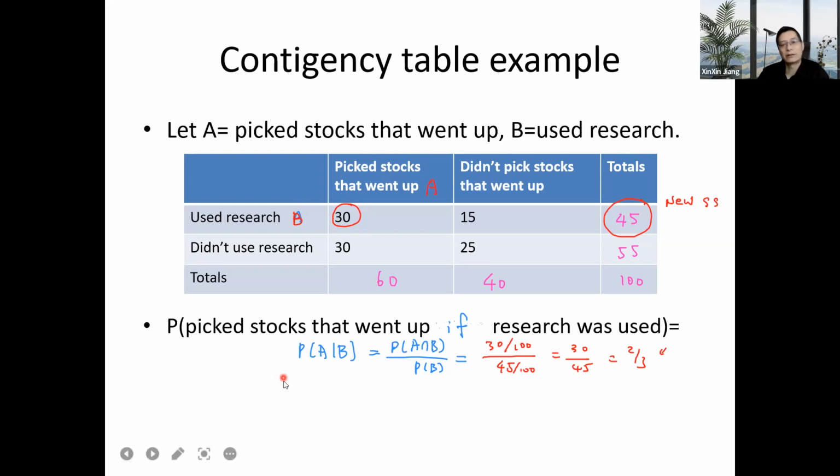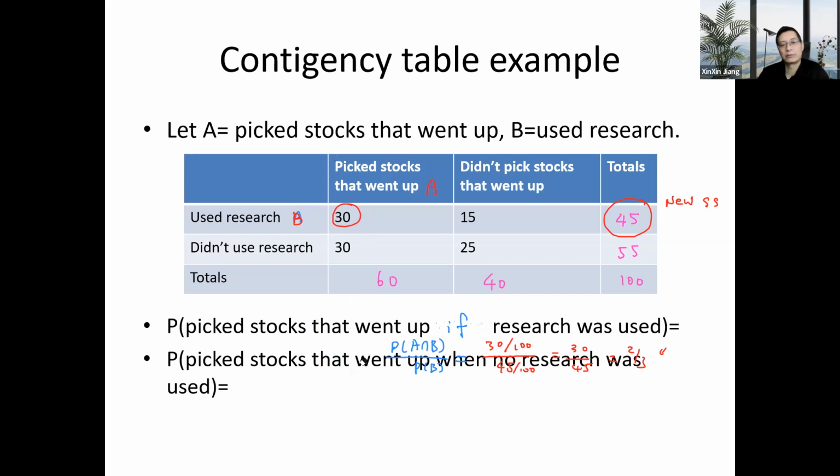What about the other direction? The probability that picked stocks went up when no research was used, if no research is used. Why don't I just change right away?